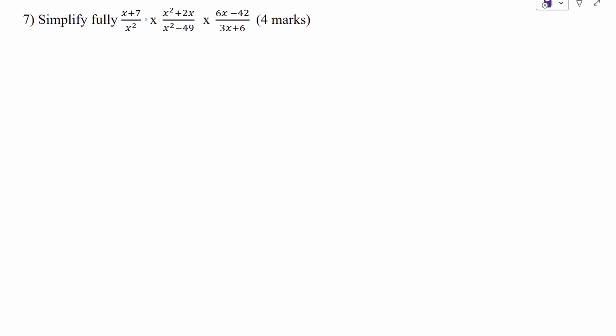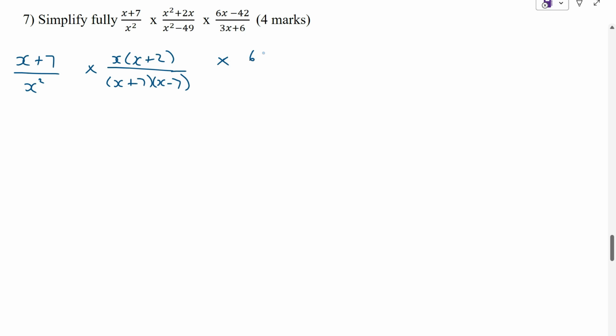Question 7, we're simplifying, so we are just multiplying 3 fractions together. Again, before we start this, let's factorize as much as we can and see if we can cancel any terms out. So this first fraction can't be factorized, so we're going to leave it as it is. This numerator, we can take our common factor of x plus 2. This is the difference of two squares, so x plus 7, x minus 7.